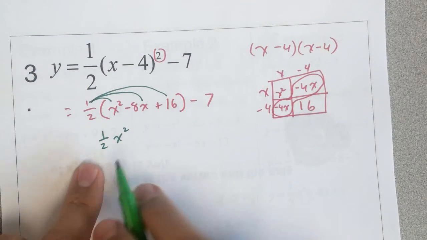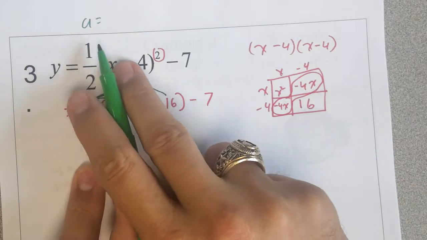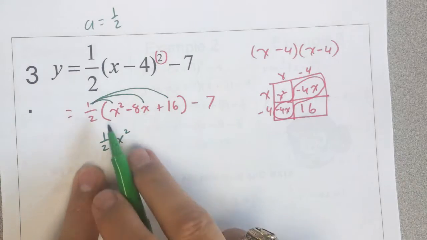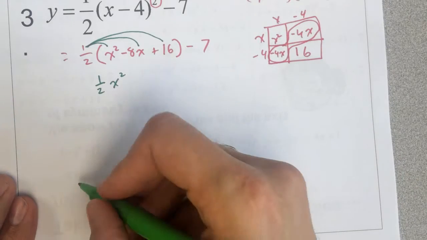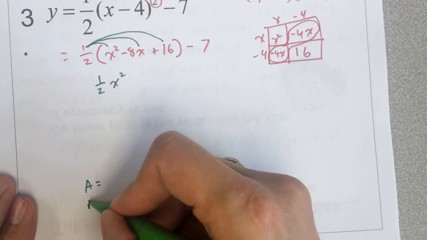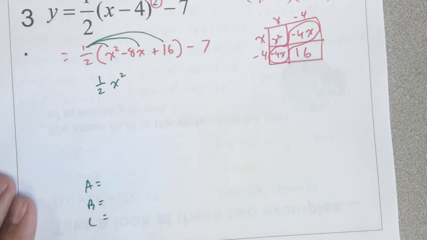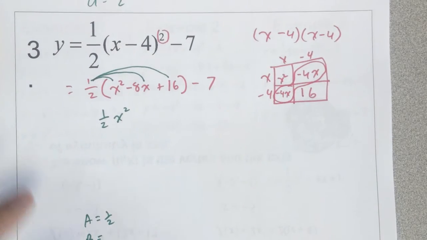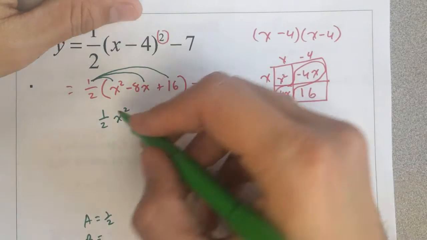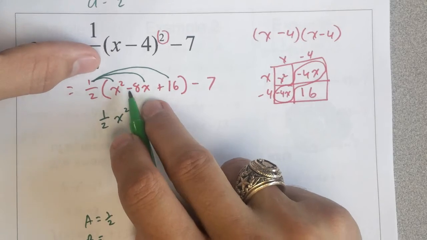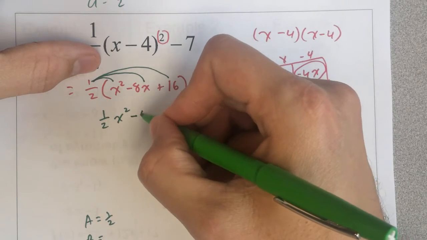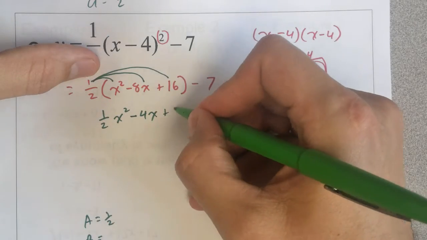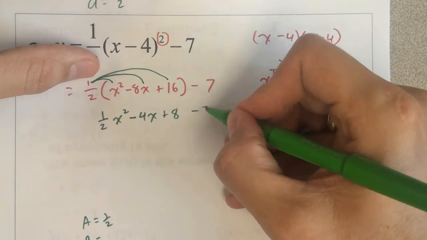If you notice, if my a for my vertex form is 1/2, that's going to stay a. So when I have my equations down here and I do a, b, and c, this a is always going to be 1/2. It's actually the same a value. 1/2 times -8, 1/2 of -8 is -4x, and then 1/2 times 16 is +8, and I'm going to bring down that -7.